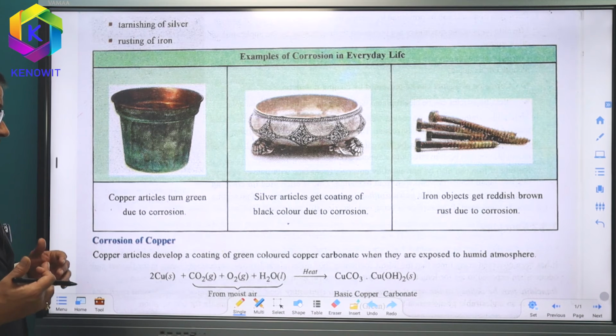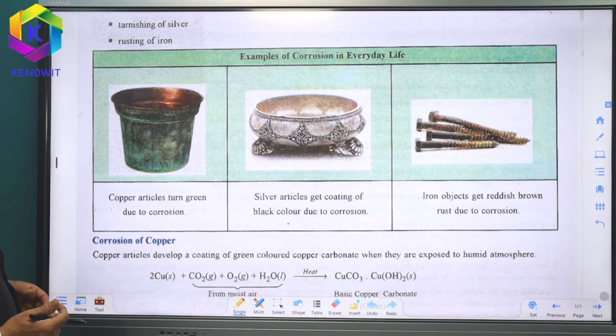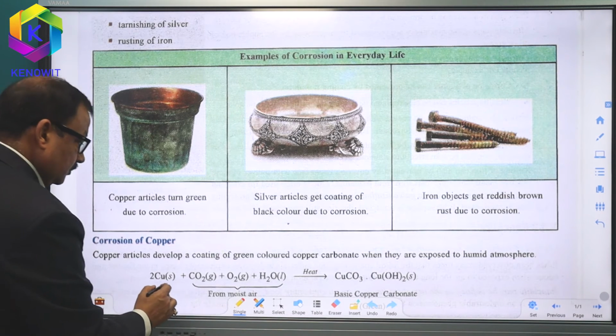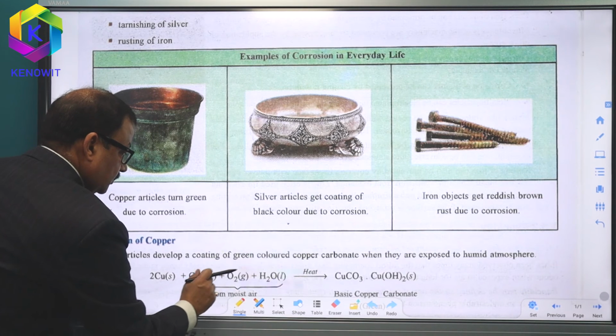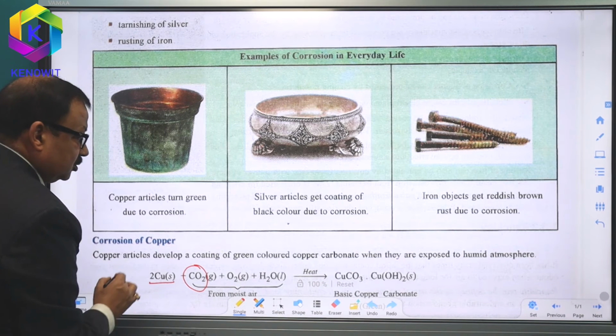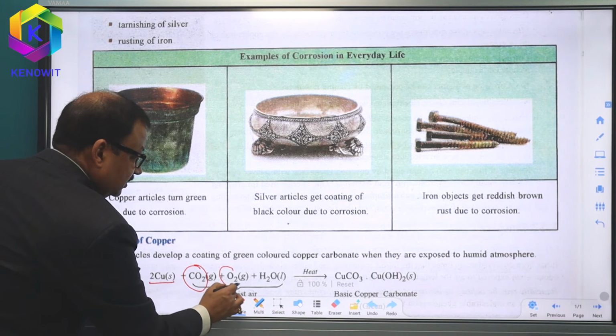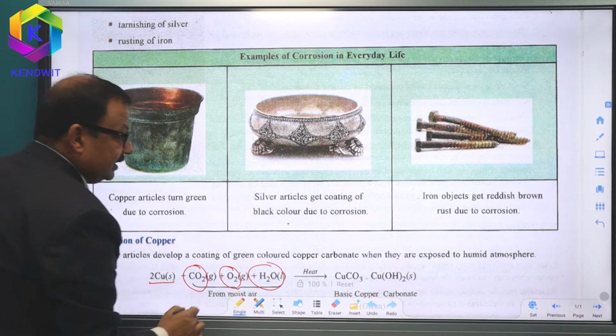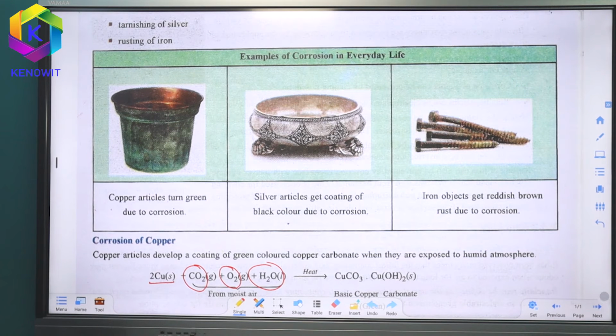when copper articles develop a coating of green color? Basically the copper metal combines with carbon dioxide present in the atmosphere, oxygen and humidity, and forms basic copper carbonate, which is green in color.